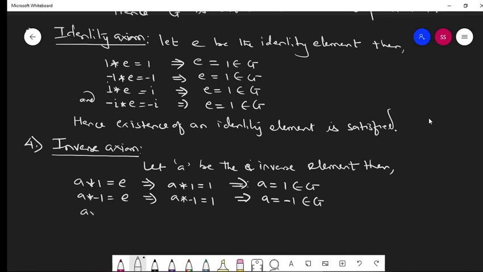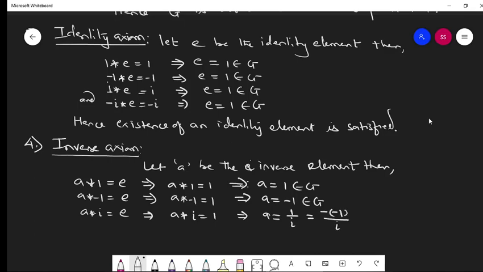Similarly, A asterisk I equals E, that is A asterisk I equals 1. This implies A equals 1 by I. Now the interesting point is this: 1 is what?